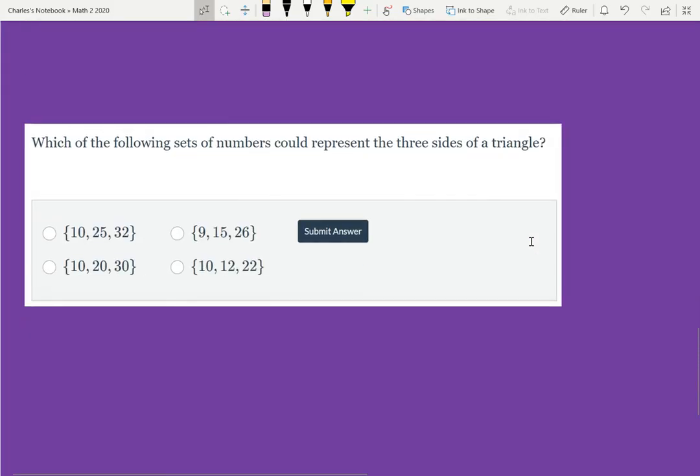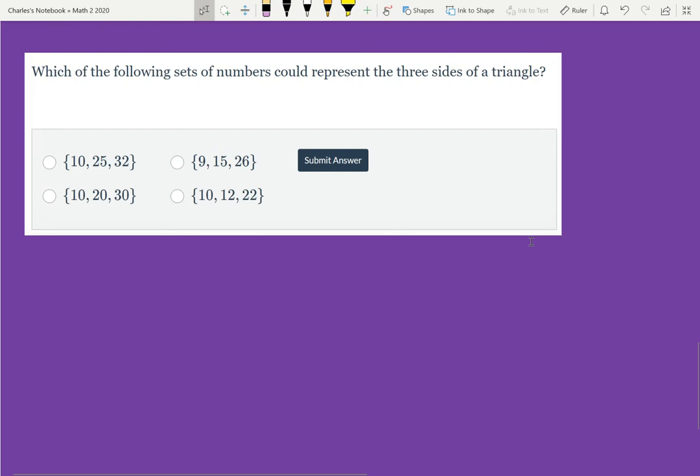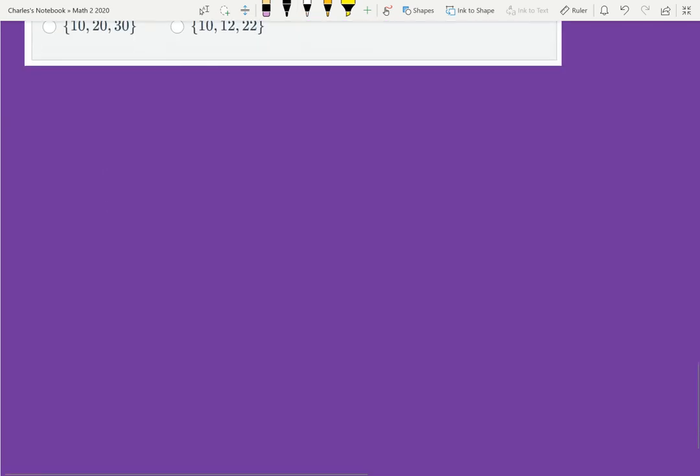The last one, we'll see if you get this, but the following sets of numbers could represent three sides of a triangle. So there's this thing about triangles. If I gave you two sides of a triangle, and let's say one side is this long and one side is this long, there's only certain lengths that I could make the second side.